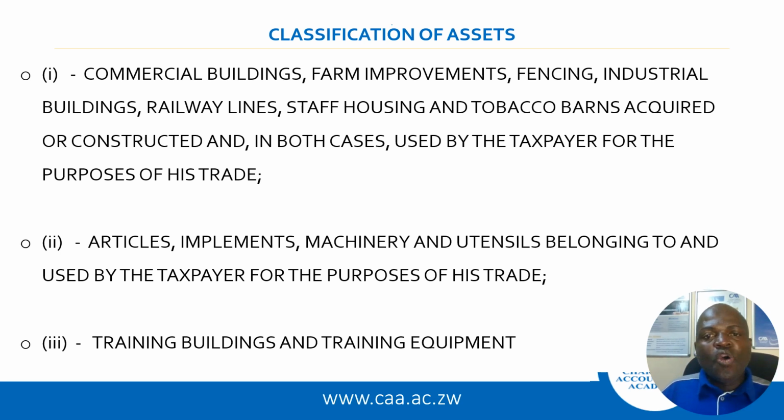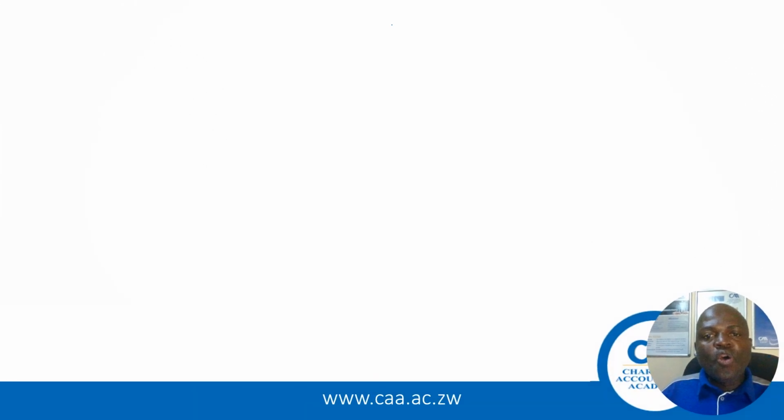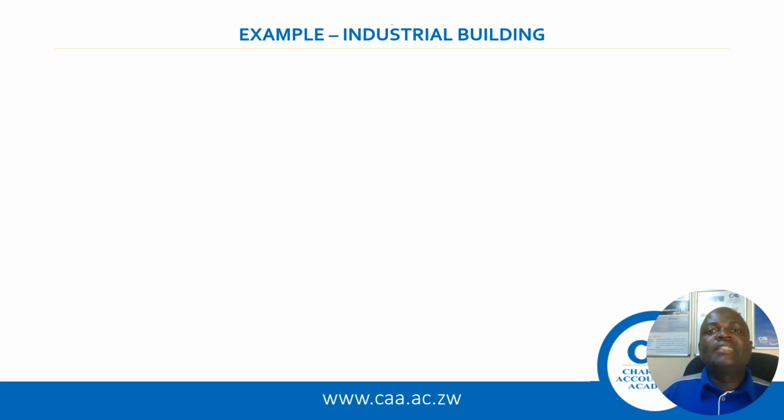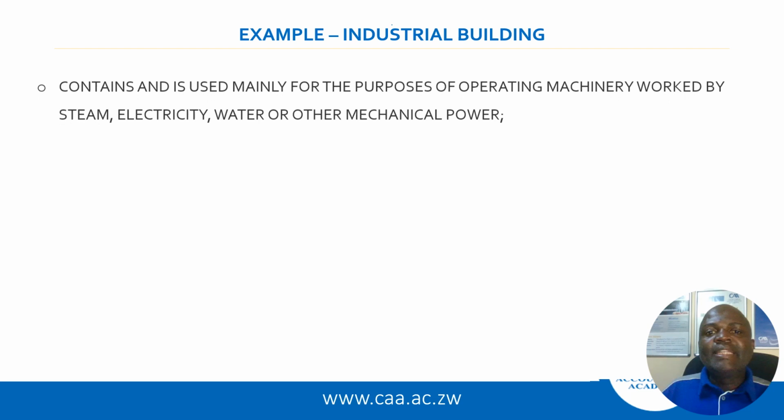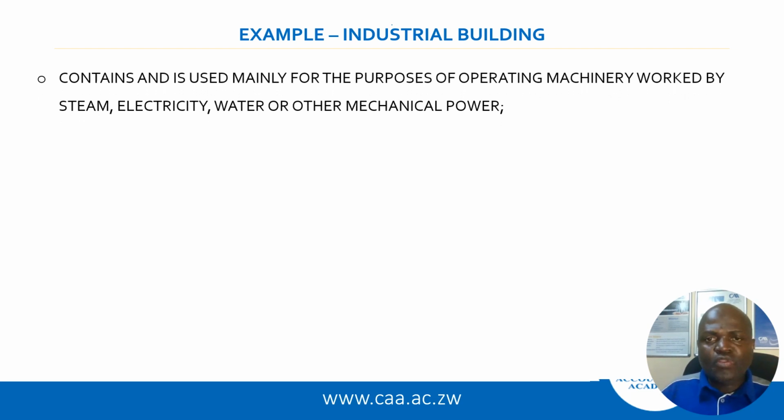When you then move over to the 4th schedule, they then define, for example, industrial building. Here we will not define all of them. And in there it tells you a lot of characteristics of the industrial building, including it containing and being used mainly for the purpose of operating machinery worked by steam, electricity, water, or any other mechanical power.